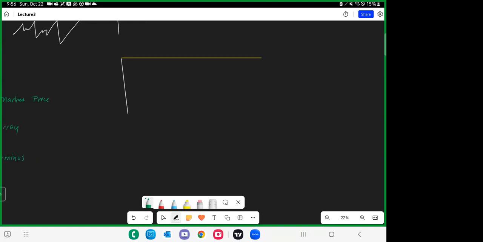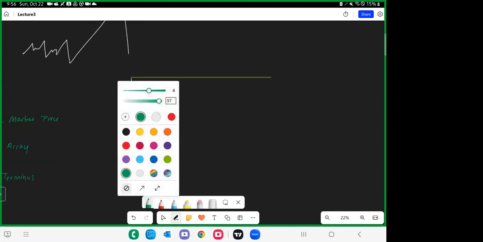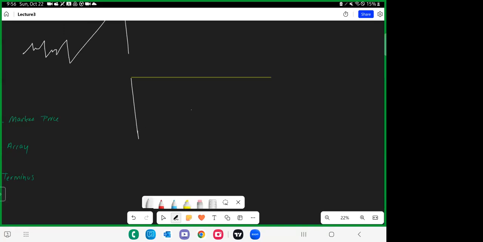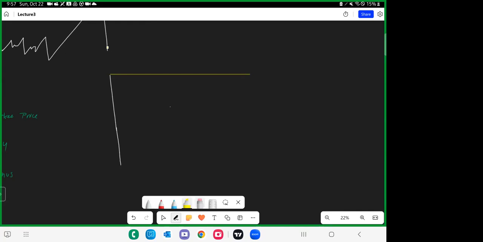So I'll draw those out. We have this range. I'm looking at this range. Here's my array. Here's my current market price.